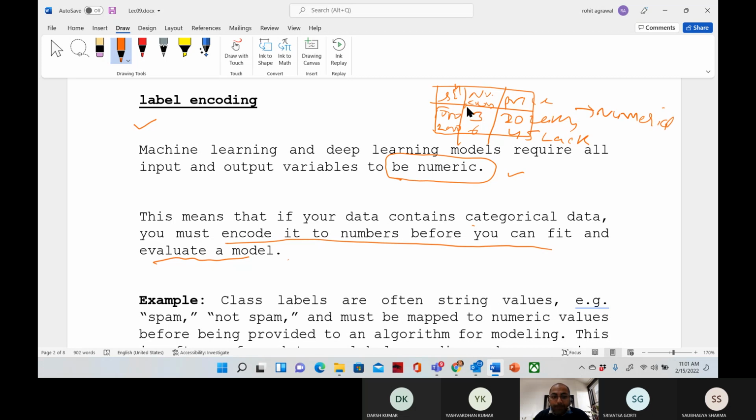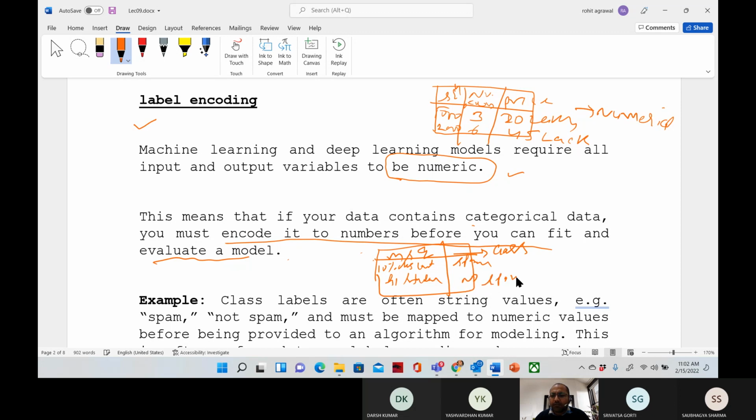But if we have some categorical data, suppose we are having a message, with its class. Suppose the message is "you are having a 10% discount", so it is spam. And there is one more message, "hi students", it is not spam.